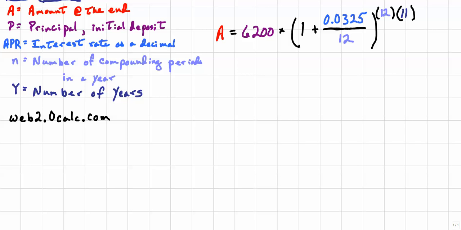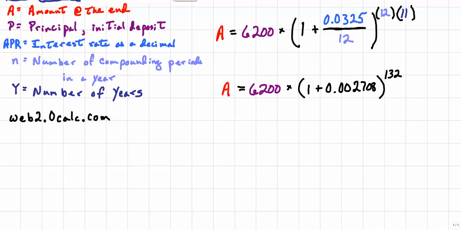But if I were to do this piecemeal, I would have the following. A equals 6,200 times the quantity 1 plus 0.002708, and this actually is a repeating decimal, and I've rounded off to the 6th decimal place, which should hopefully take care of some of the round off error, and then this will be raised to the 132nd power.